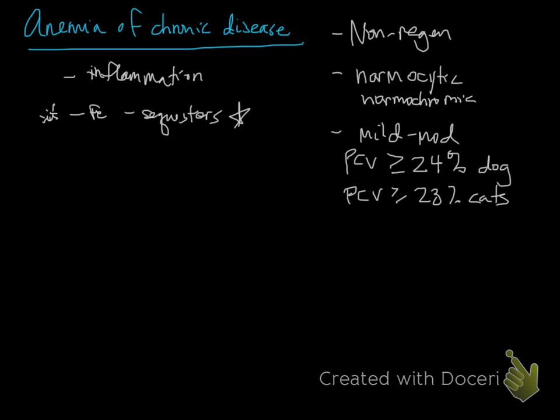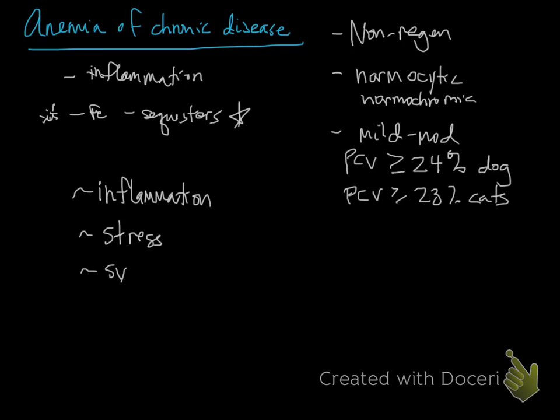So how else do you diagnose this? Well, you look for inflammation on your CBC, which we haven't talked about yet, and this is the specific type of anemia of chronic disease. So you can have anemia of chronic disease in the absence of inflammation. You might look for stress on your CBC, which we haven't talked about that much yet, and that would of course support that there's some sort of underlying disease.